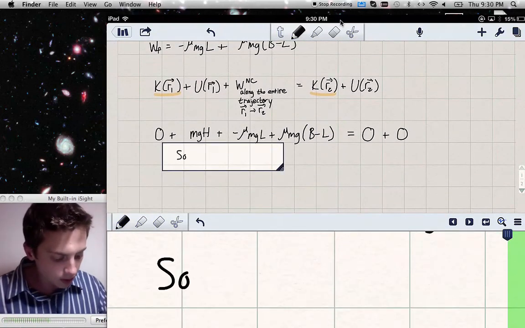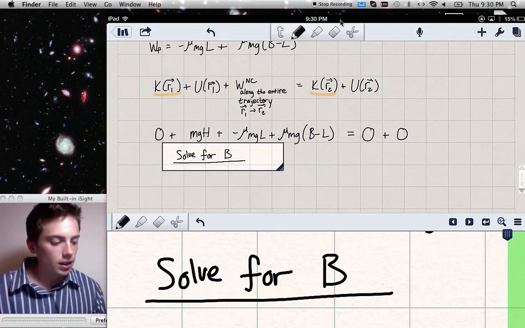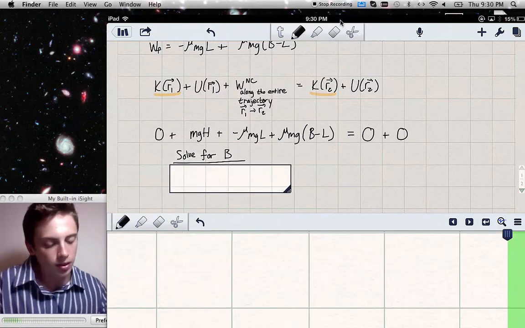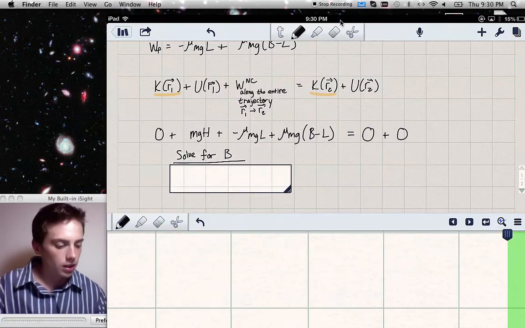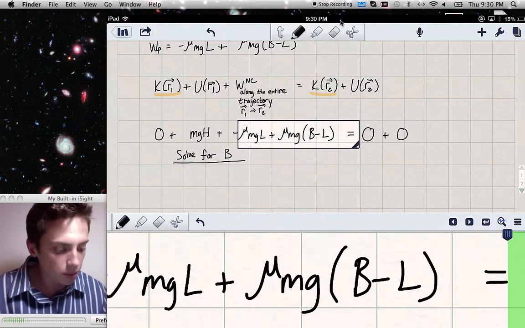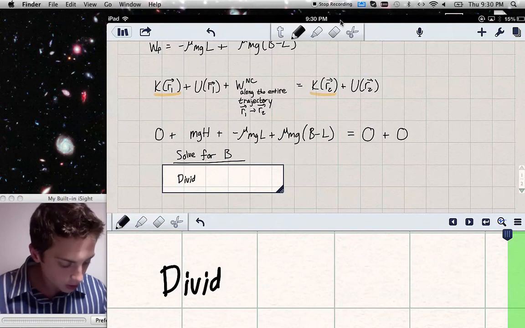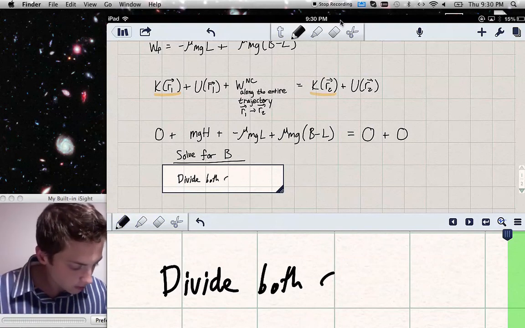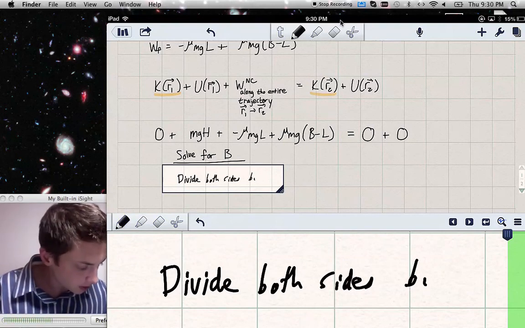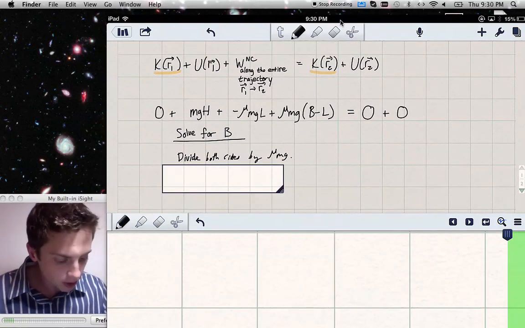Now we just solve for B. You can solve it however you want. The best way to go about it is to divide both sides by mu mg. Sorry, this is already running a little bit long, so I'm going to wrap it up here.